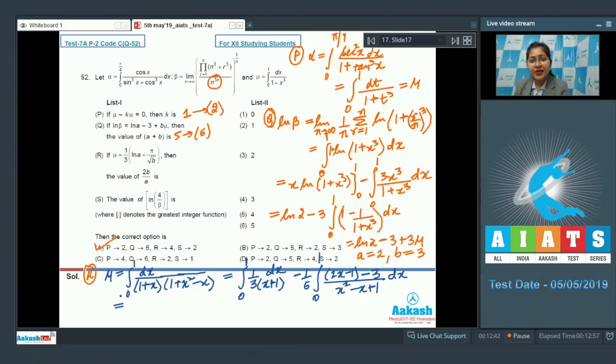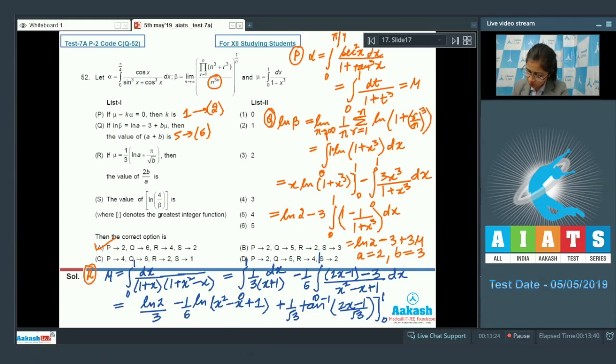So this is equal to 1 by 3 into ln of x plus 1, that will give me ln 2 upon 3, minus 1 by 6 into ln of x square minus x plus 1 plus 1 by root 3 into tan inverse of 2x minus 1 upon root 3, where the limit is from 0 to 1.